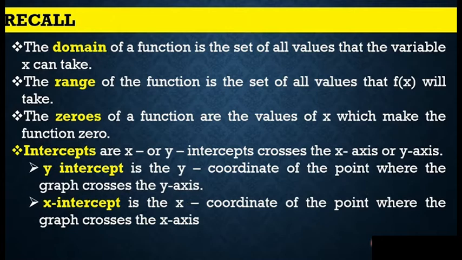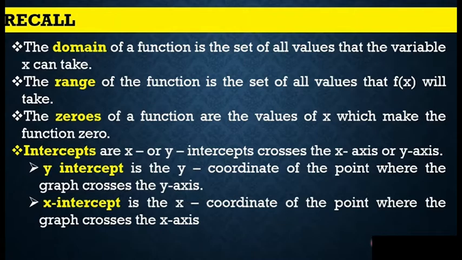Okay, first let's recall the domain, range, zeros, and the y-intercept and x-intercept. When we say domain of a function, it's the set of all values that the variable x can take. So it's all about the x values.